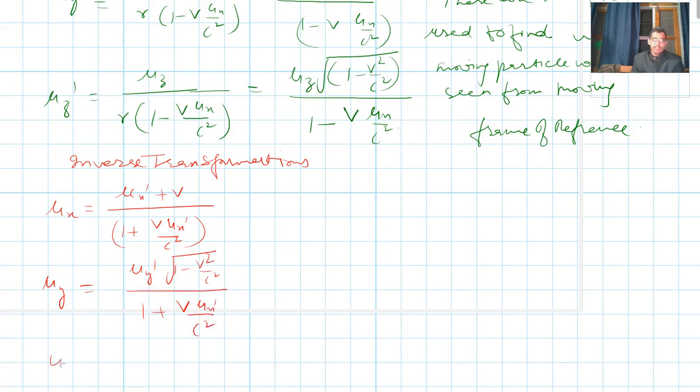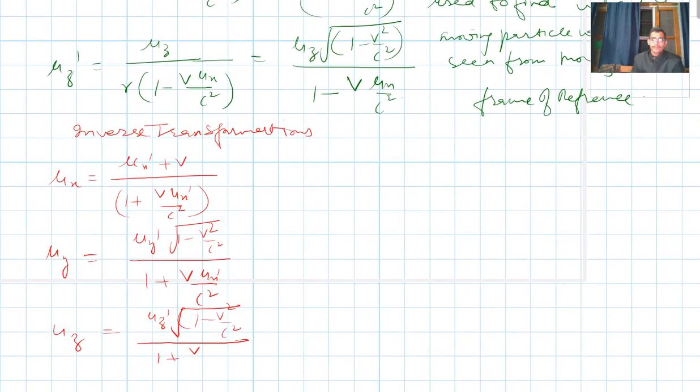Similarly, uz can be written as uz prime times the square root of 1 minus v square by c square, whole upon 1 plus v ux prime over c square, right? So these are the inverse transformations.